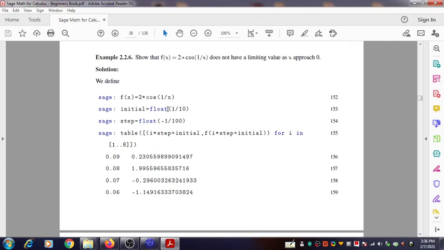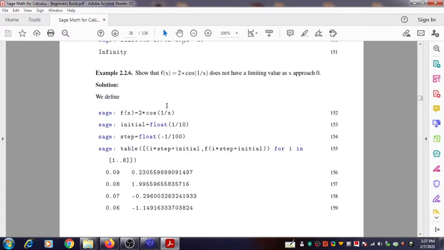For that, we are going to use the first method that we discussed in the first problem, at the opening part of this video. In the first problem, we considered a set of x values which are very close to the point at which we want to take the limit, and at those points we determined the function values.